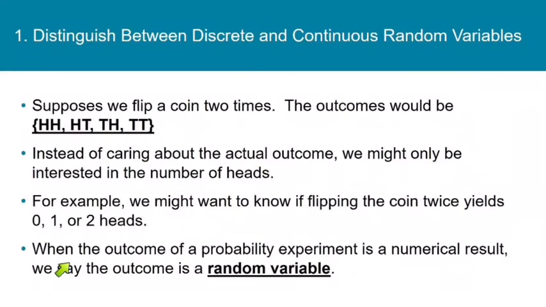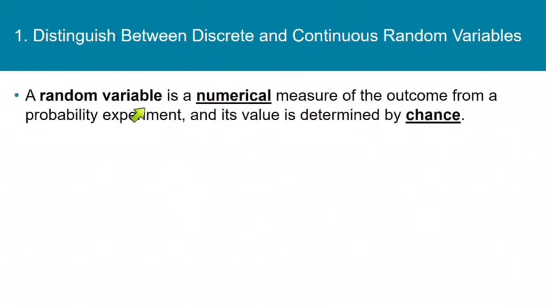When the outcome of a probability experiment is a numerical result, we call that a random variable. A random variable is just a numerical measure of the outcome from a probability experiment, and its value is determined by chance.